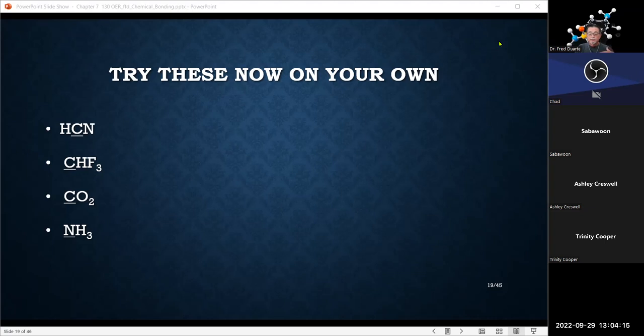So a rehash, don't forget, you're going to need the shapes table for this part, plus your periodic table, because if you don't know how many valence electrons each atom has, then you're going to have to look it up on the periodic table.